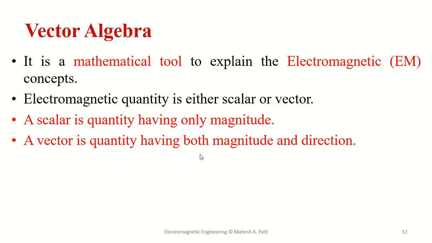So an electromagnetic quantity is either a scalar or a vector quantity. A scalar quantity has only magnitude, and a vector quantity has both magnitude as well as direction. We'll see vectors in detail.